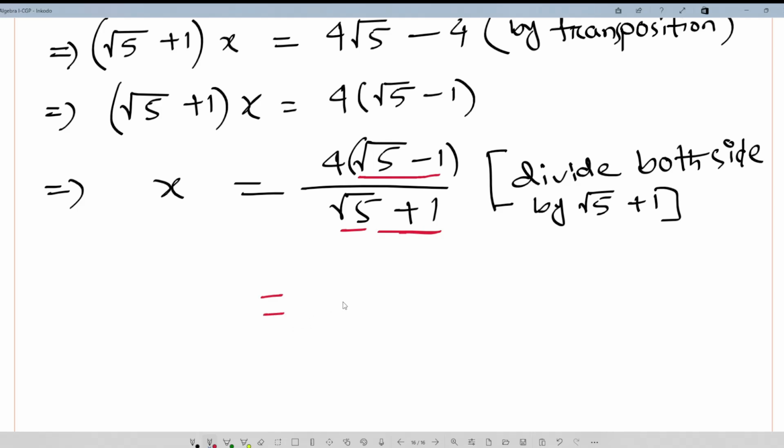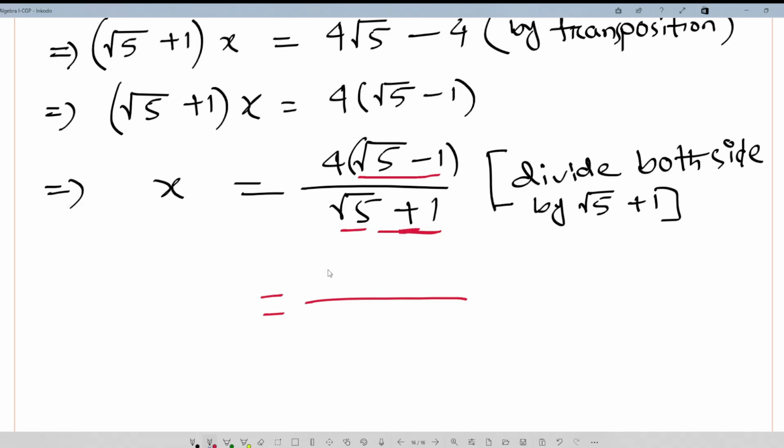Therefore, we can do one thing. Here is √5 + 1, so we can multiply the denominator and numerator by √5 − 1.